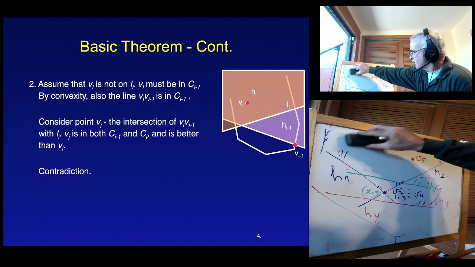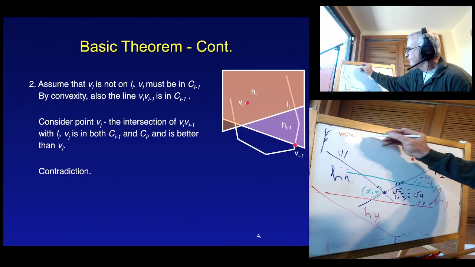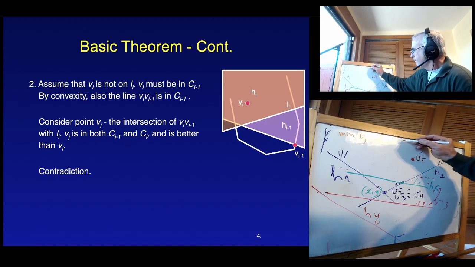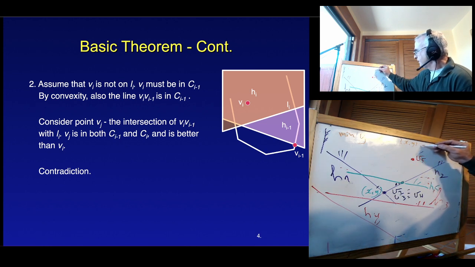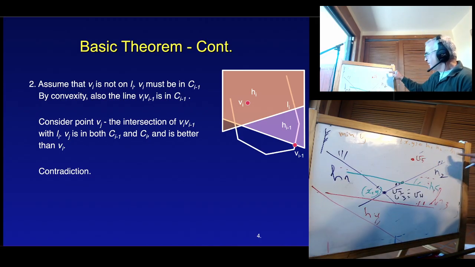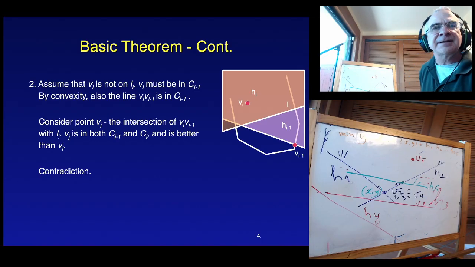v_5 is a solution to the problem of minimize y such that (x,y) is inside H_1 and also inside H_2 all the way up to H_5. H_5 is the last half plane that I inserted.